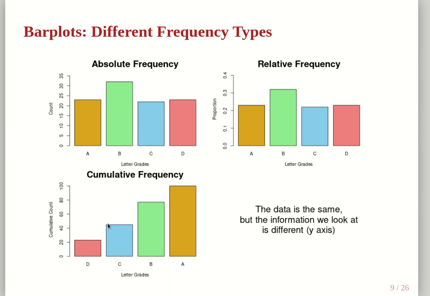So if we add those numbers together, that's how we get this value here. And then we move to the next category, and now we add this accumulated frequency to the number of people that got a letter grade of B, which seemed to be a little bit more popular in this class. And now we get that value reflected here.